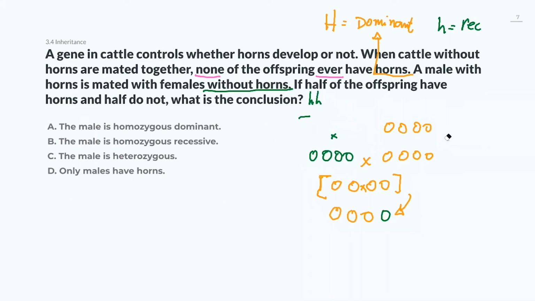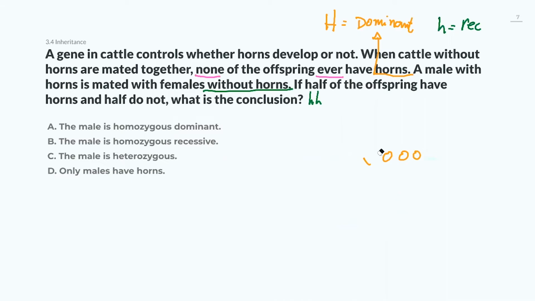So let's erase here a little bit. How do we know if the male is homozygous or heterozygous? There's a thing called test crossing. Test crossing is used to determine if this dominant here, a male with horns, is homozygous or heterozygous.